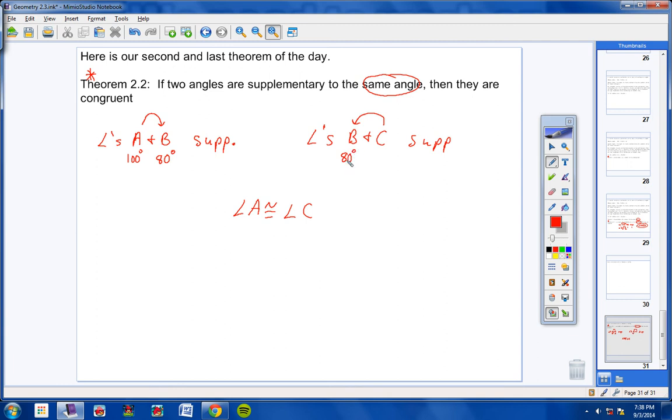Now if B is 80 degrees, then C has to be what? 100 because 80 plus 100 is 180, and these two angles are supplementary. Now look at this. The measure of angle A is 100 and the measure of angle C is 100. Thus, these two angles are congruent. Okay?